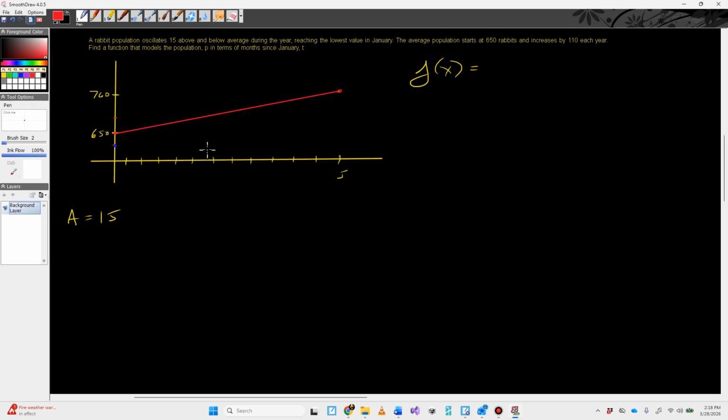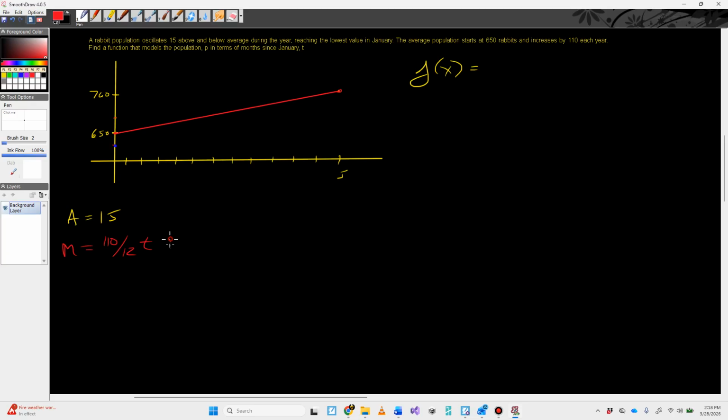What is that linear function? Well, we can find the slope. That's actually pretty simple to do. That's 760 minus 650. That's 110. And that's going to be divided by its run, which is 12. So my midline is 110 divided by 12 times t.